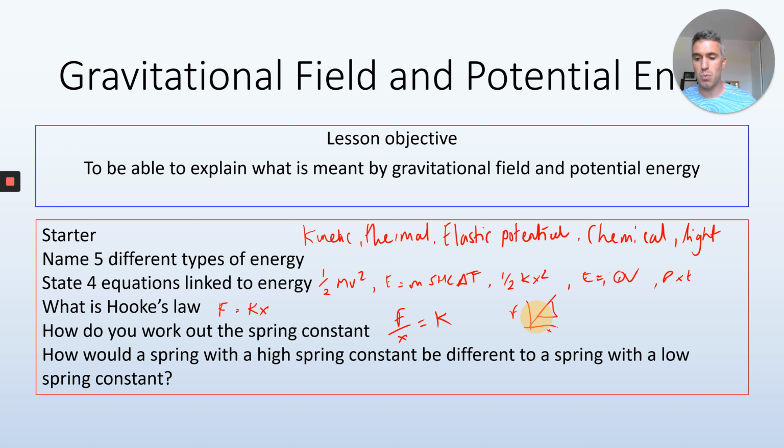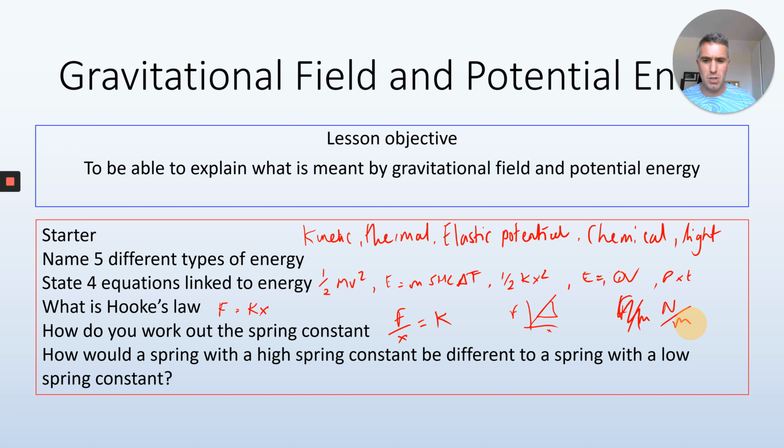How would a spring with a high spring constant be different to a spring with a low spring constant? Okay, so high spring constant. Spring constant is force in newtons per meter.